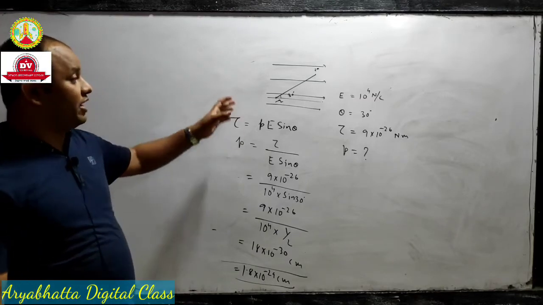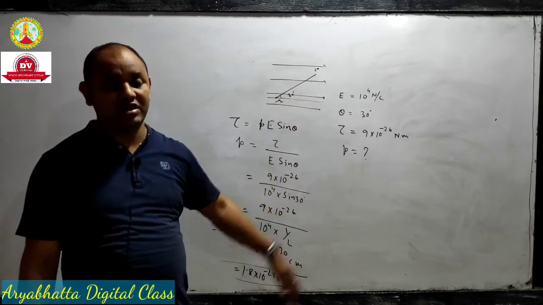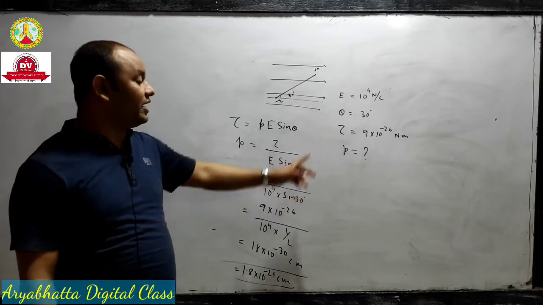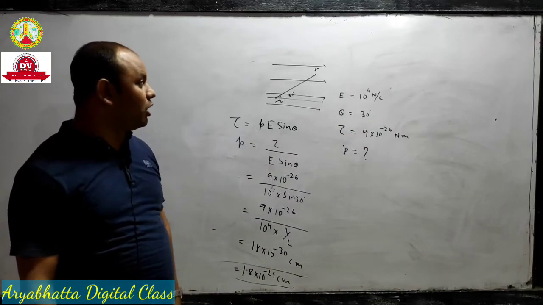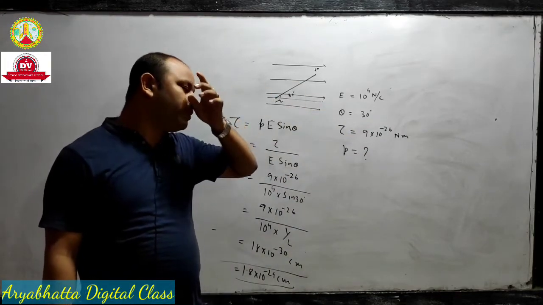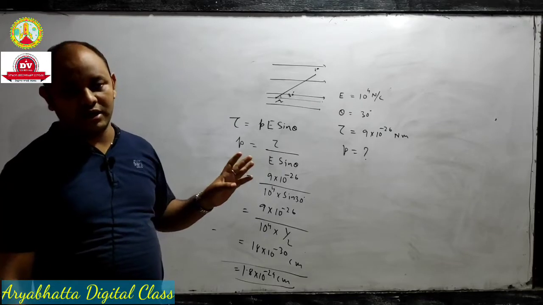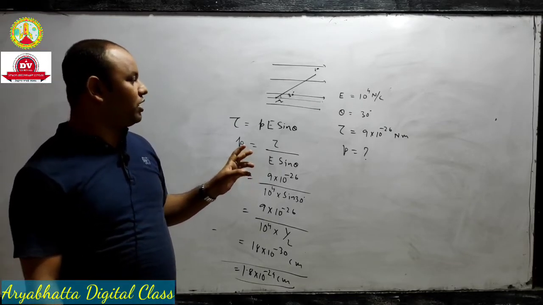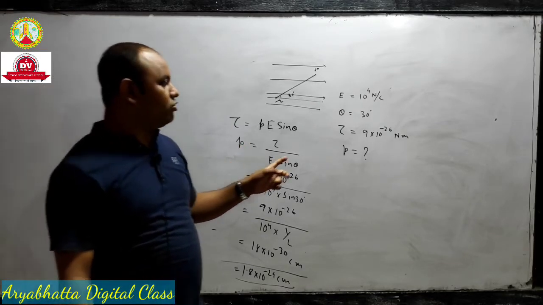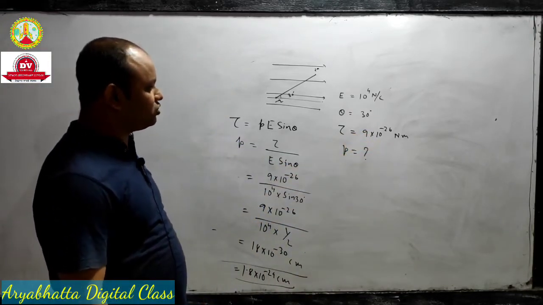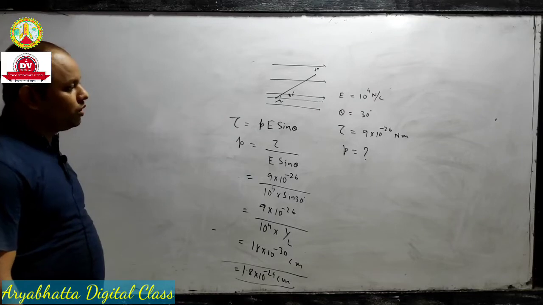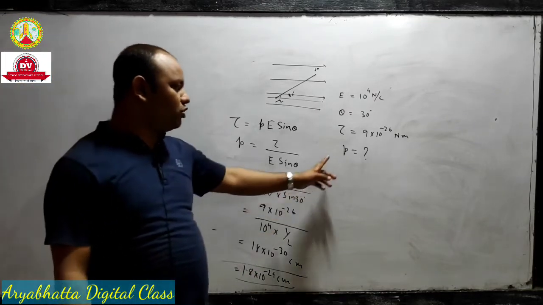On a uniform electric field, we are given an electric dipole which is held at an angle of 30 degrees, and the magnitude of the electric field is 10 to the power 4 Newton per Coulomb. The torque acting on the dipole is 9 into 10 to the power minus 26 Newton meter. We need to calculate the dipole moment.